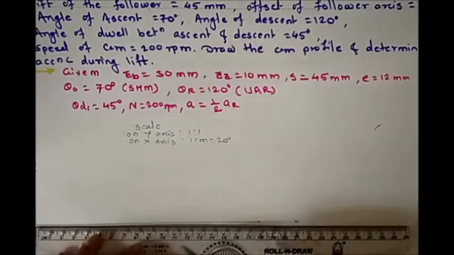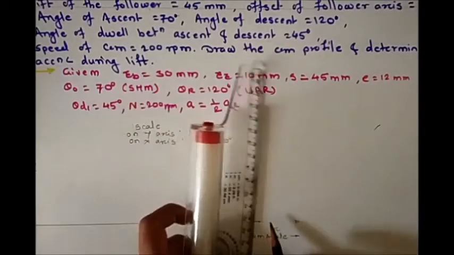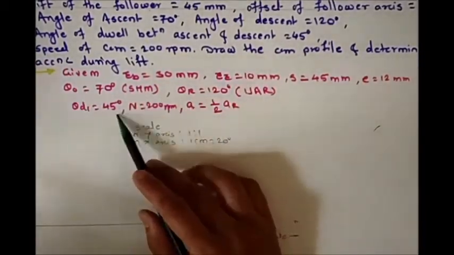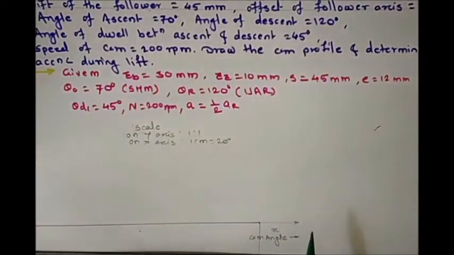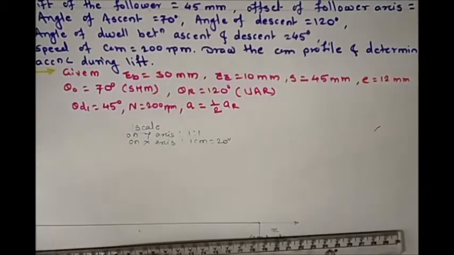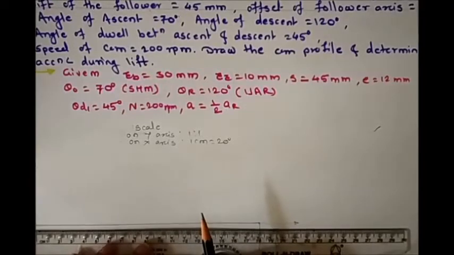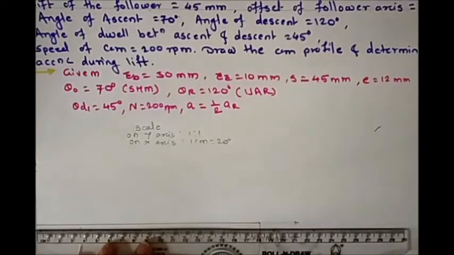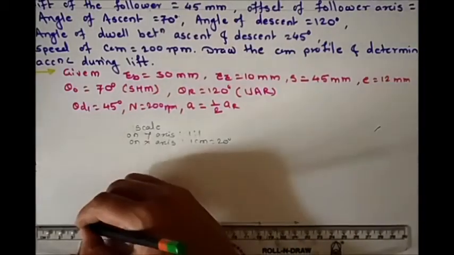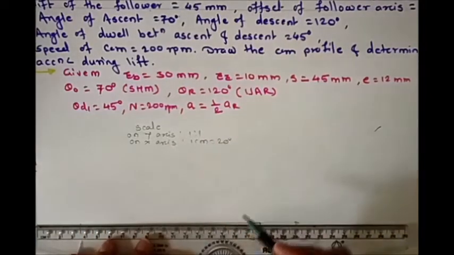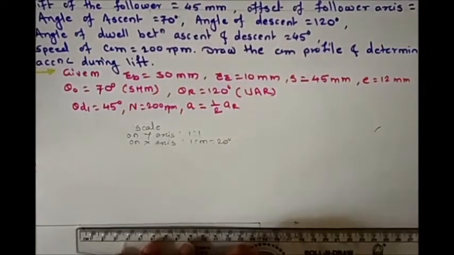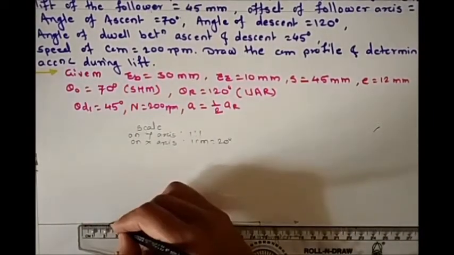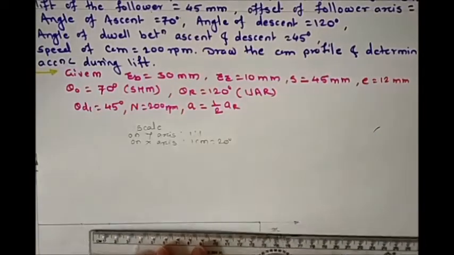Now on this x axis mark the first outstroke, then dwell, then return, and last dwell. The outstroke angle is 70 degree, so here we take 3.5 centimeter distance. Then dwell is 45 degree, so 45 divided by 20.